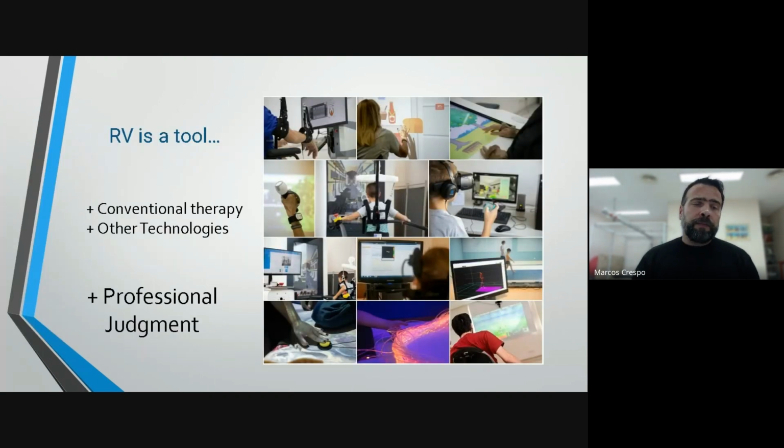Of course, a virtual environment or virtual reality system is a tool, and we should use, or we must use, it together with conventional therapy plus other technologies.